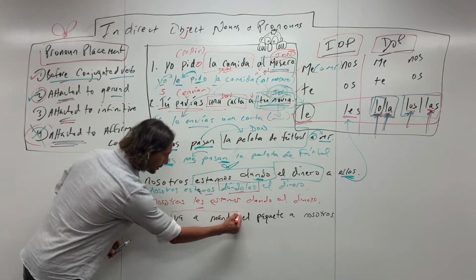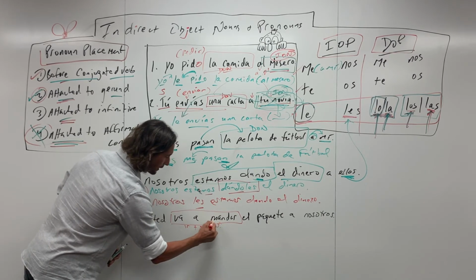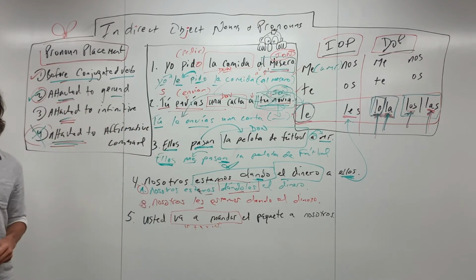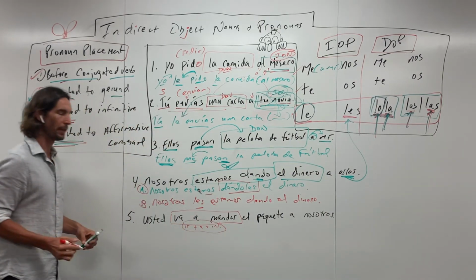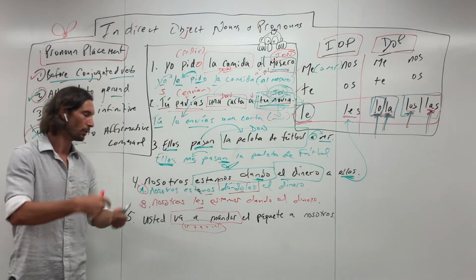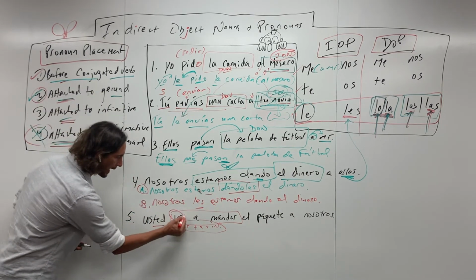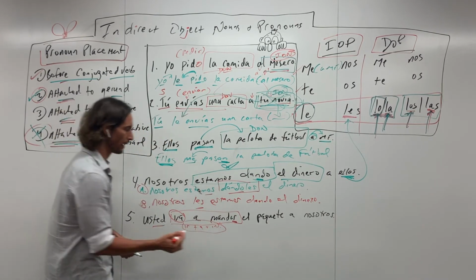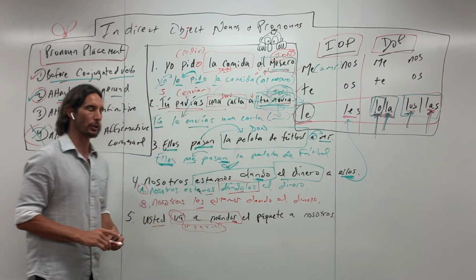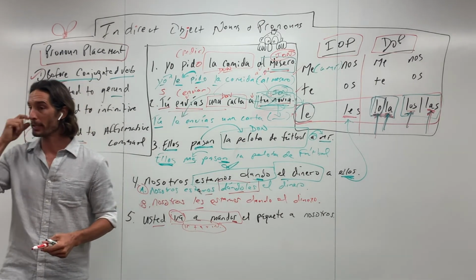So, let's finish off here. Notice that we have the use of ir plus a plus infinitive, right? Ir más a más infinitivo, if you want to say it in Spanish, right? And so that is just saying going to, and in this case, going to send. So, usted va a mandar, notice an infinitive right there, el paquete a nosotros. So what is the verb? The verb is mandar, which means to send.